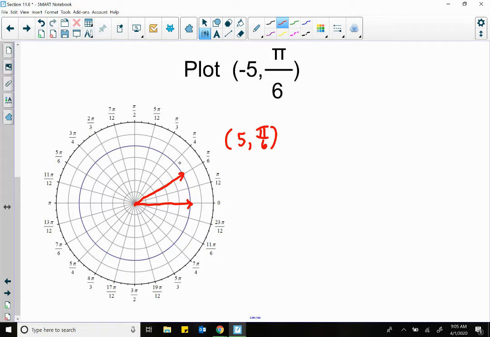But I need the opposite pole of this. I probably should have done that in a different color. Let me just highlight it then. So here's what our graph really looks like. So that purple graph is the negative 5 pi over 6.